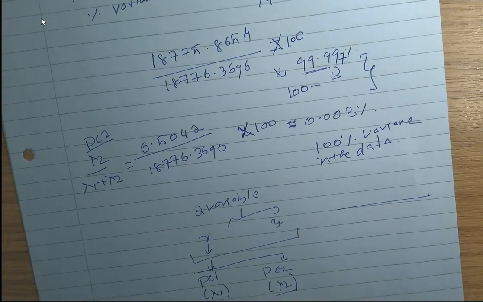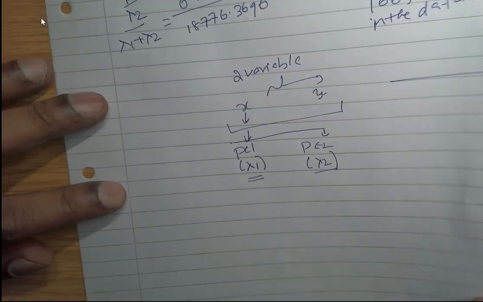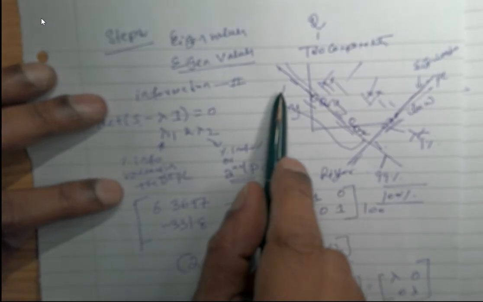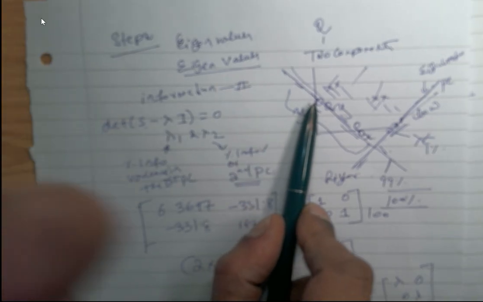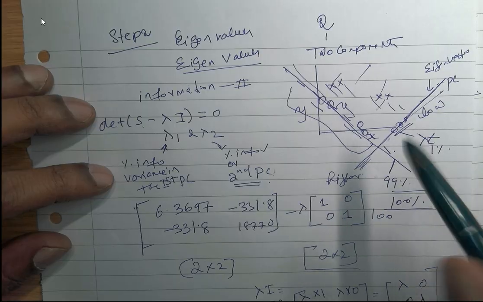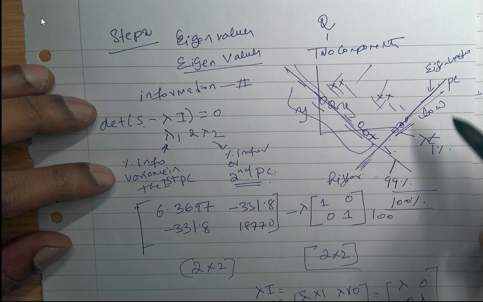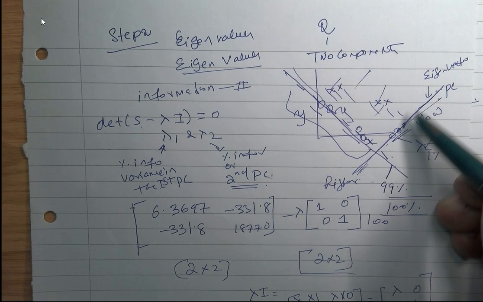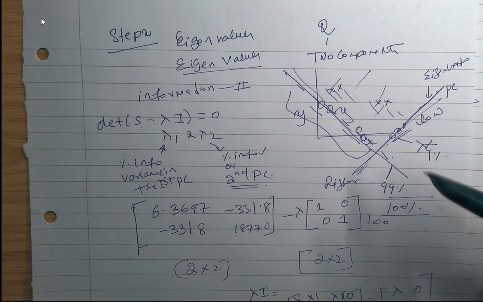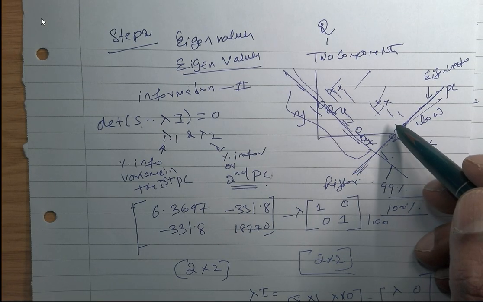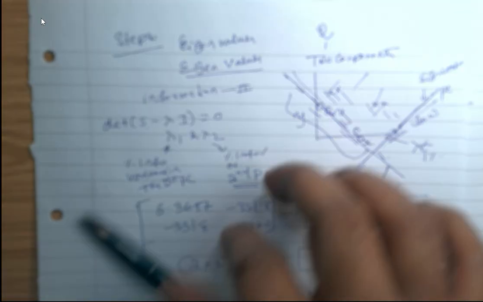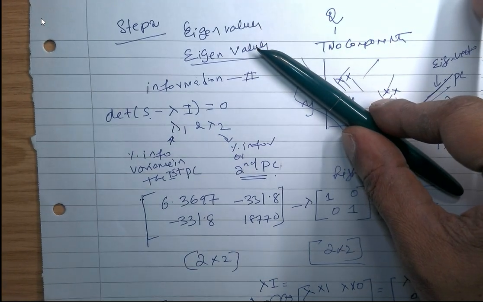So say this is your first principal component that captures 99% of the information, and the remaining component captures only 0.003% of the information in the data, and the total should be 100%. We need to find where this vector exists.